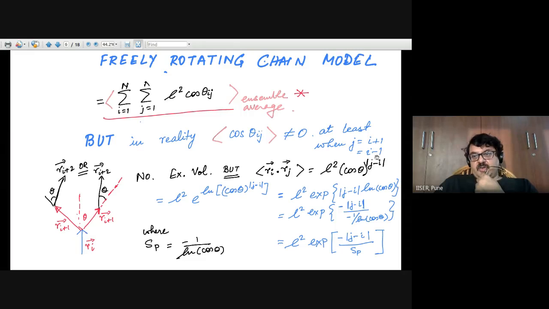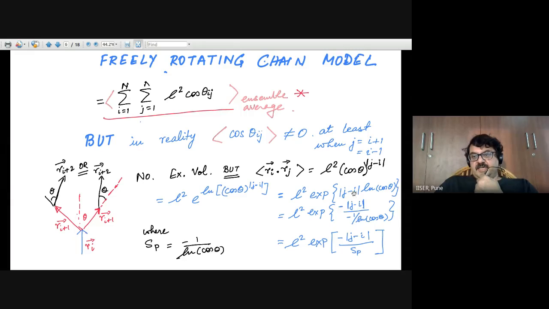And this L square cos theta j minus I can be written as, the L square is intact, I write it as an exponential and log. So log and exponential is the same as cos theta j minus I. And this in turn is just a simple algebraic manipulation. So basically cos theta to the power modulus j minus I comes here because there's a log and you can take it out.